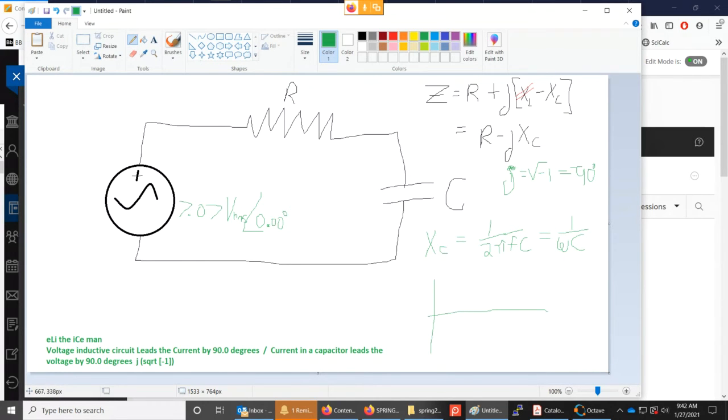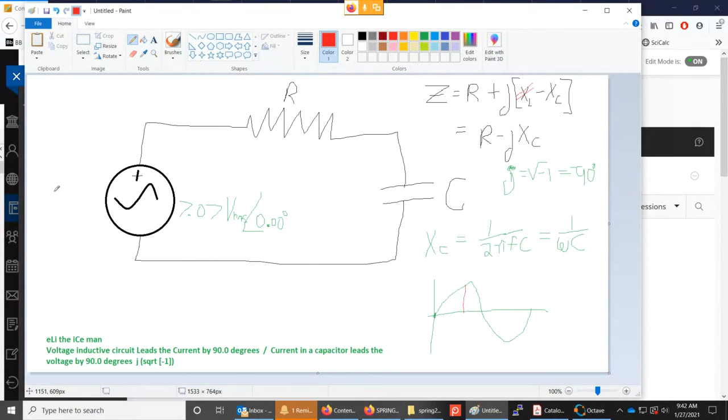So if your voltage is leading here, at 0 degrees is your reference point. So my voltage, okay, that's not a very good sine wave, but my voltage is crossing at 0. That's my reference point at 0. But now my current is going to be 90 degrees off of that.